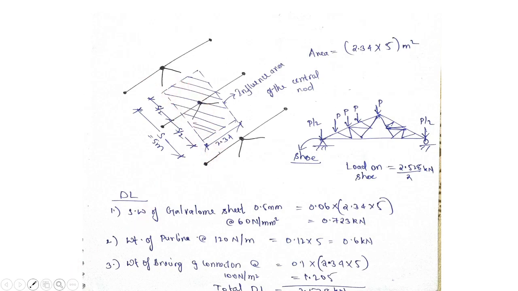For end nodes, it will be just half the area of influence. See, if this is the rectangle, this is for the central node, but for end nodes we'll be getting only up to this part. So this will become half of it. 5 will be there, but it will be 2.34 by 2.